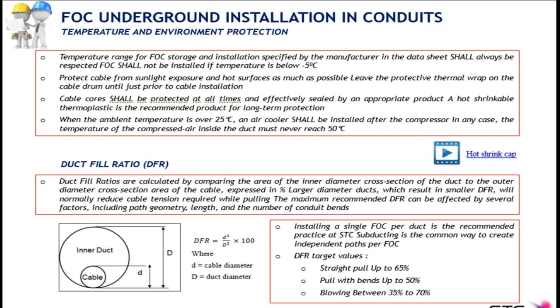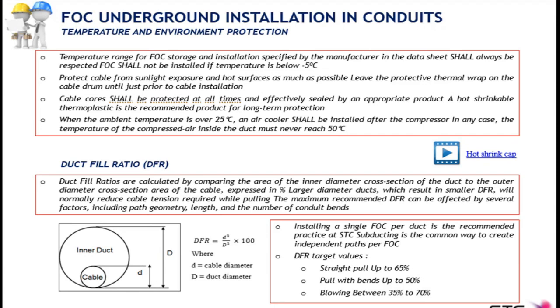You have the formula here, and it is important that you respect the maximum duct filling ratio target values. When you are installing cables by pulling in a straight section, we can go up to 65% of duct filling ratio. However, if there are bends, you cannot go up to 65, you have to stop at 50%, so you can only install smaller cables.